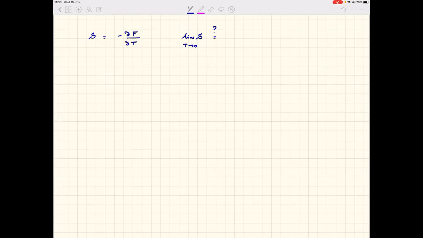K_B ln 2. Exactly, K Boltzmann log of 2. Can you explain why? There are two possible ground states. Exactly, because there are two possible ground states, all spins pointing up and all spins pointing down. That's correct. It's perfect.